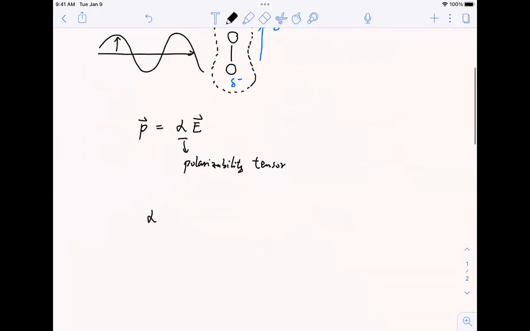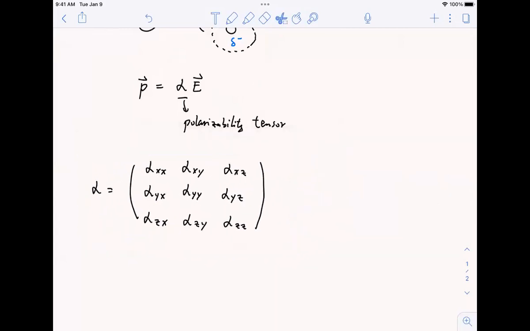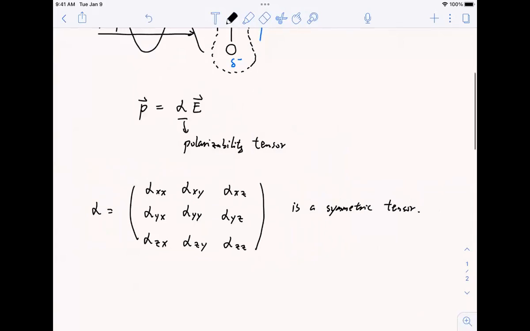Generally, alpha is a symmetric matrix or tensor, with components alpha yx, yz, zx, zy. It is a symmetric tensor.